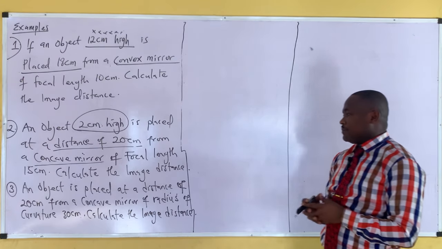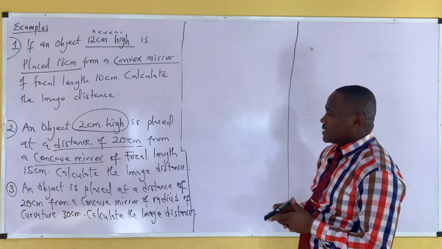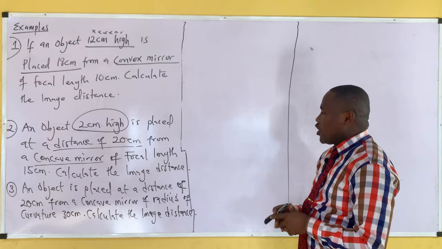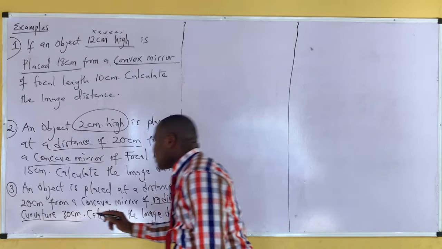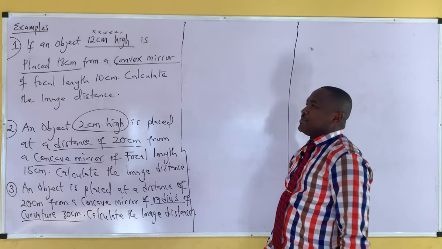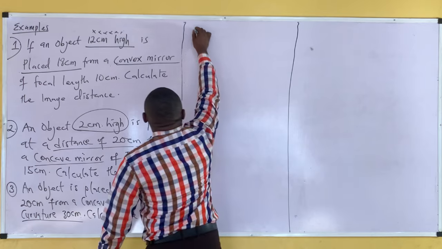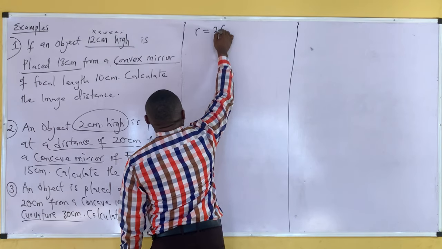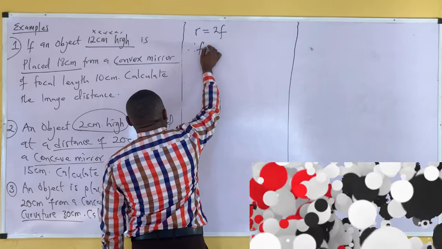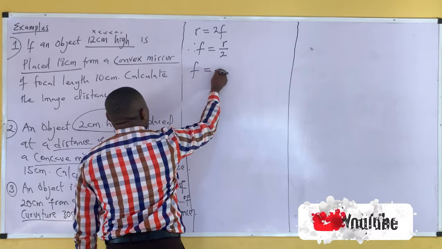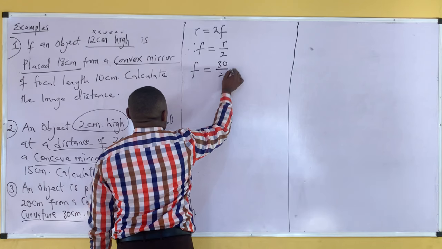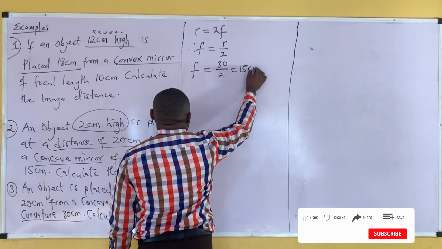An object is placed at a distance of 20 centimeters from a concave mirror of radius of curvature 30 centimeters. Now remember we said R is equal to 2F. Therefore, F is equal to R over 2. So focal length is now 30 over 2, which equals 15 centimeters.